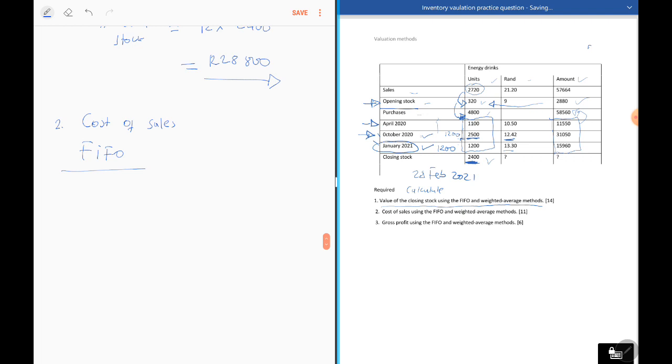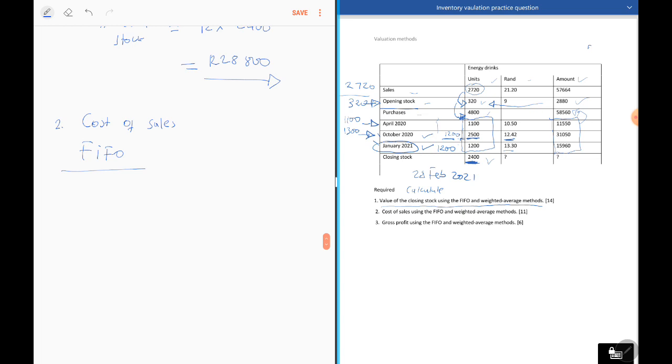And it's obvious that since 1,200 is on hand, 2,500 minus 1,200 is 1,300. So we sold 1,300 items from October, and here we sold all of the April items, right? And here we sold 320 items. When you add this, it will give you 2,720. Right, so you just use the same procedure you used to determine which of the items that we bought are from which months.